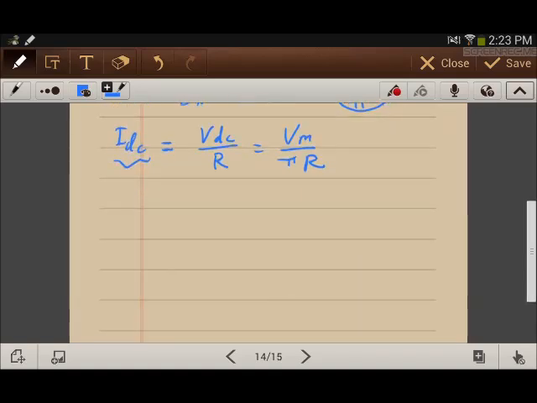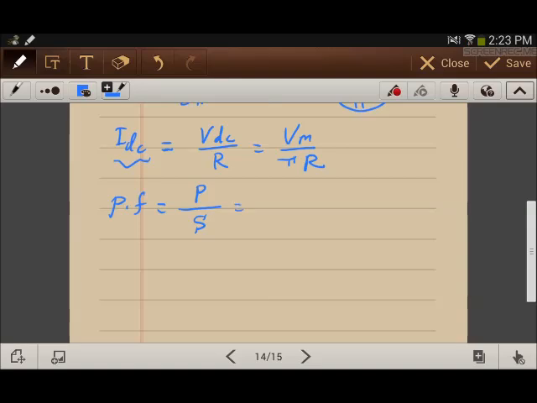Now if I want to find the apparent power, the power factor of this converter, it's the active power drawn by the load divided by the apparent power drawn by the load.